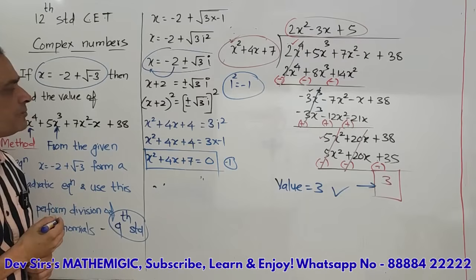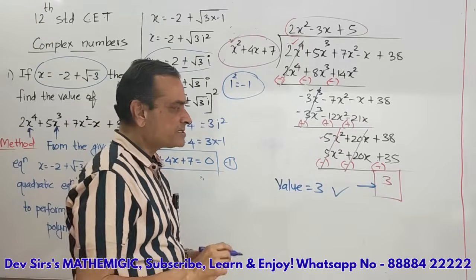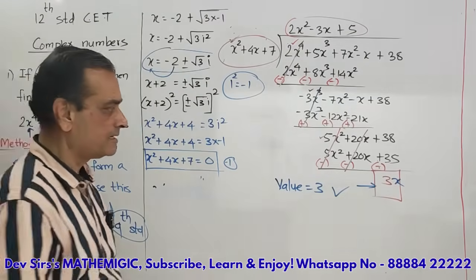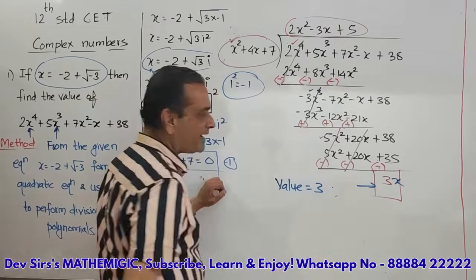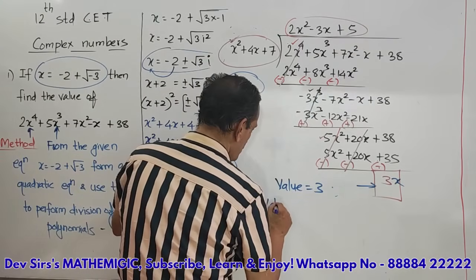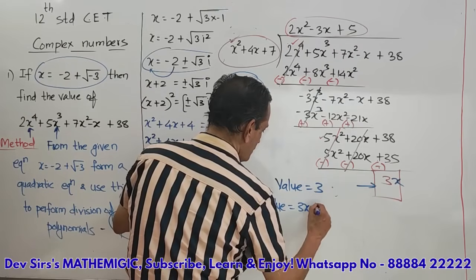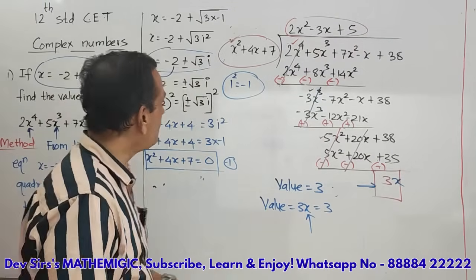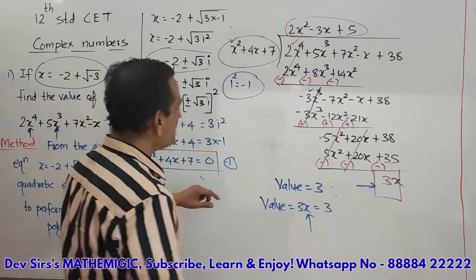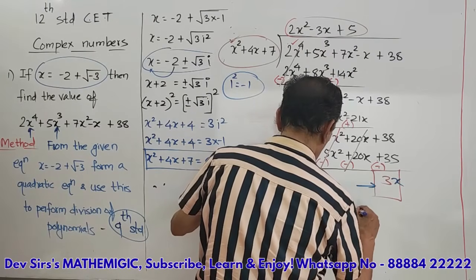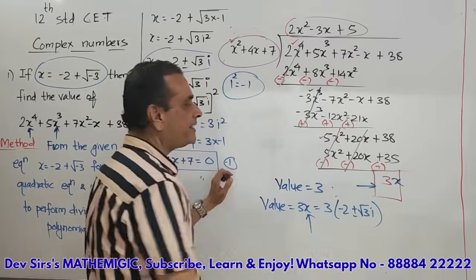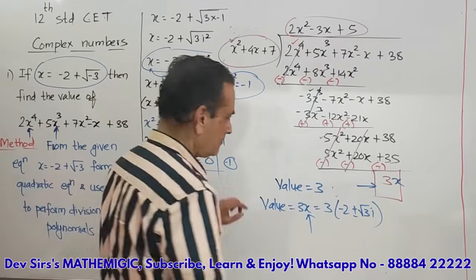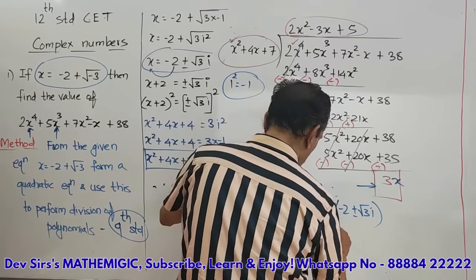Now sometimes what may happen is, instead of 3, if you get 3x, if the answer came 3x, so your final answer will be, but x's value has to be substituted. What is the value of x? -2 plus or minus root 3i. If x comes in the remainder, if only a constant comes, just write it as a constant. 3 into -2, -6.